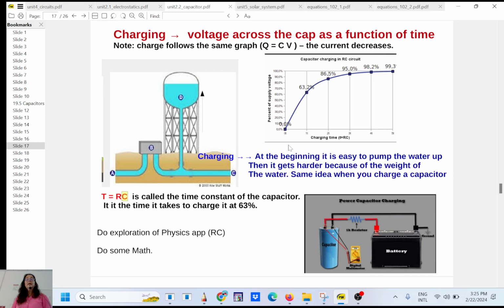And it's going to be how long it's going to take to fill 60% of your capacitor. It depends how large your reservoir is and how fast the water or the charge can run because of the resistance. Is that clear?